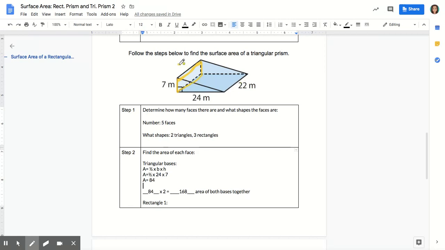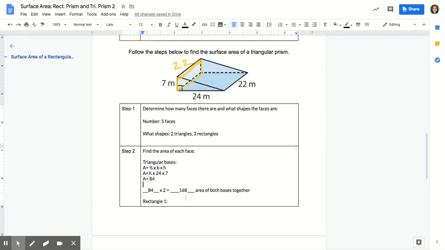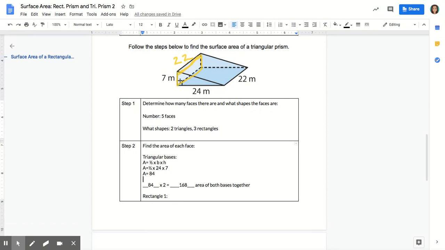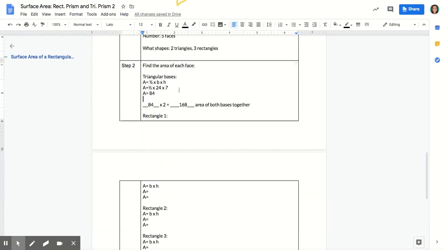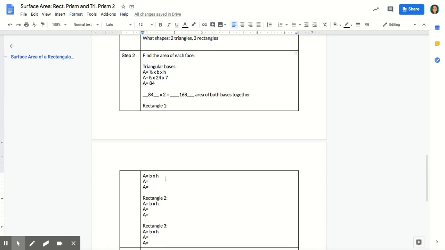So that means that 22 is also going to be this side length. Okay, so that first rectangle is a base of 22 and a height of 7. So a base of 22 times a height of 7, which in our calculator, 22 times 7 is 154.